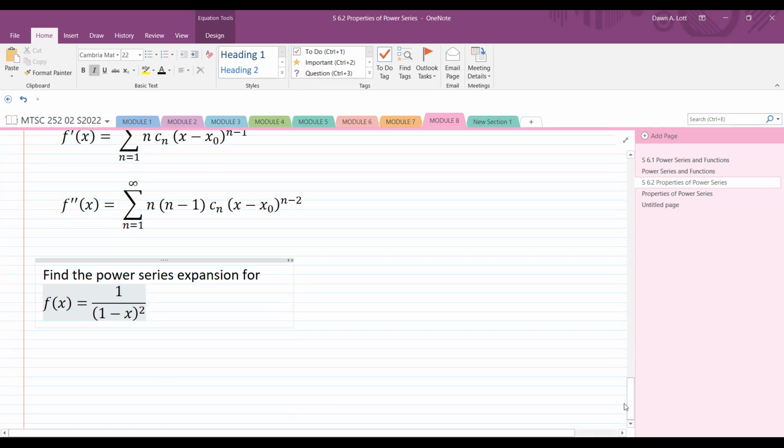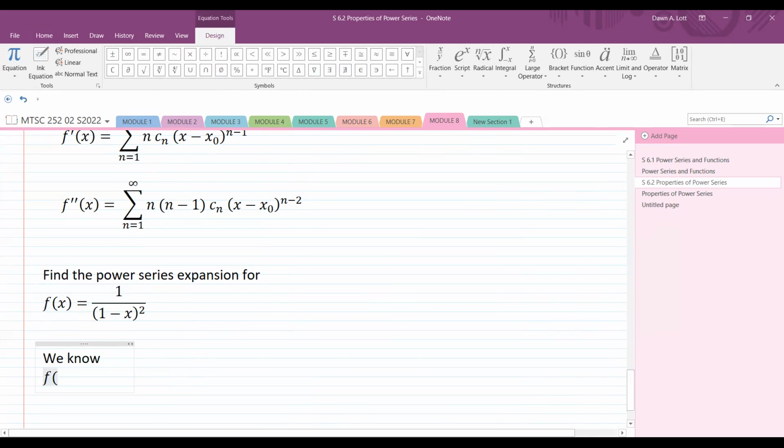All right, so I need to find the power series for that. We only know certain ones, right? We already know the power series if we have f of x equal to 1 over 1 minus x.